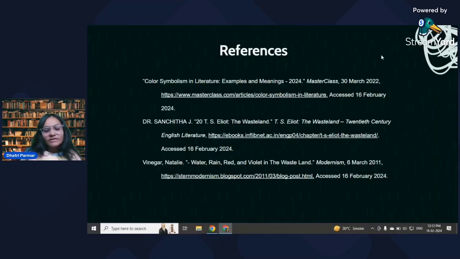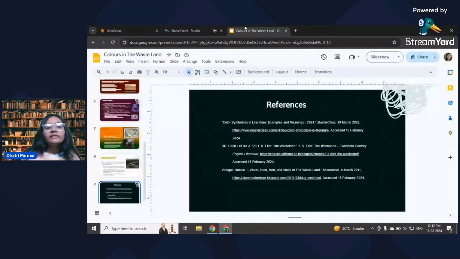With these references, we find that Eliot is conveying the message that in modern times, people are distracted. They don't have meaning, and with the help of that, T.S. Eliot is using multiple colors.